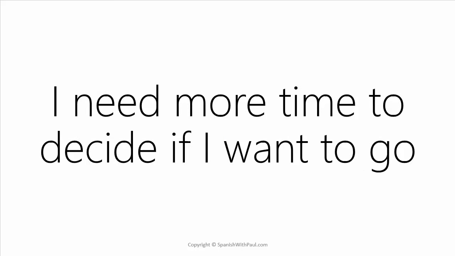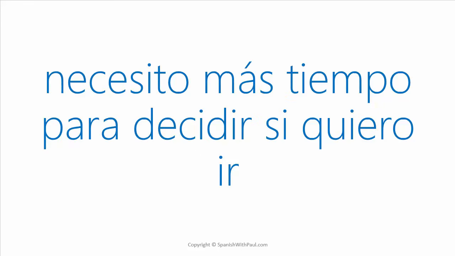What's the verb to go? Ir. Now, how would you say, I need more time to decide if I want to go? Necesito más tiempo para decidir si quiero ir.